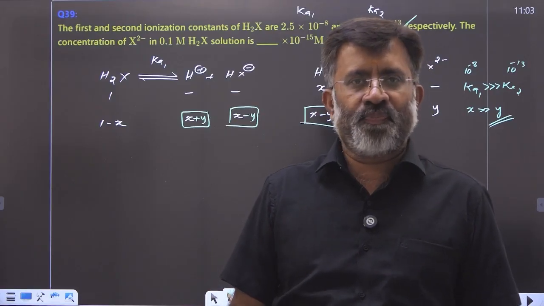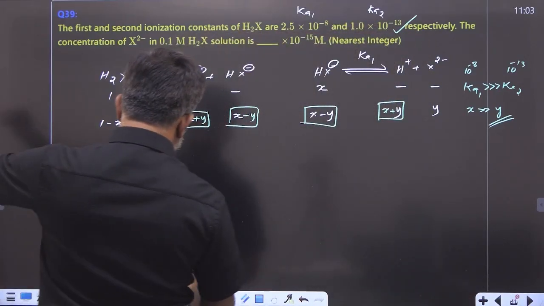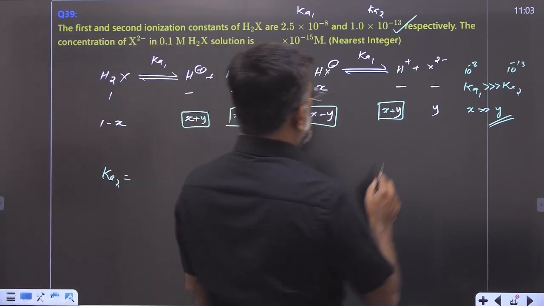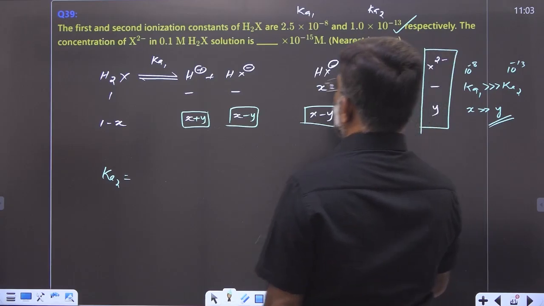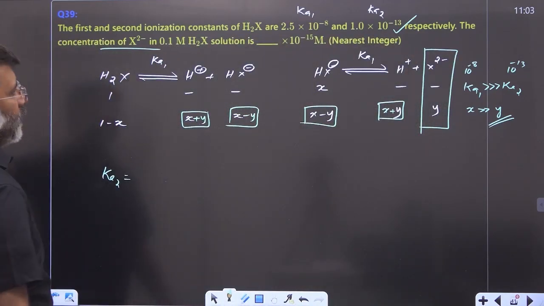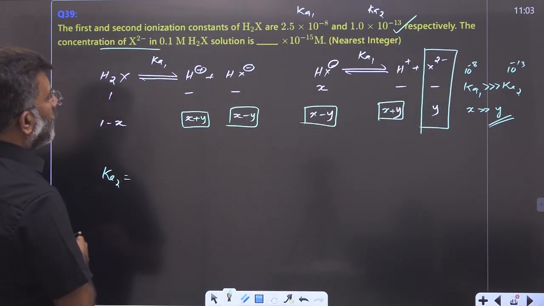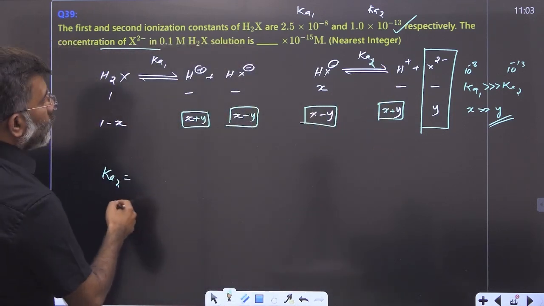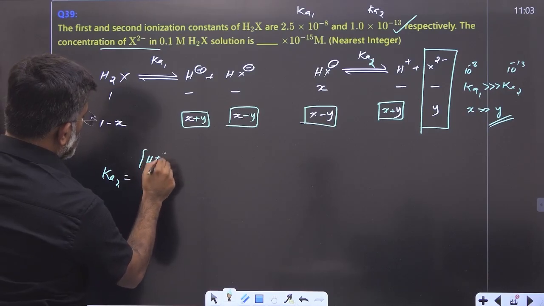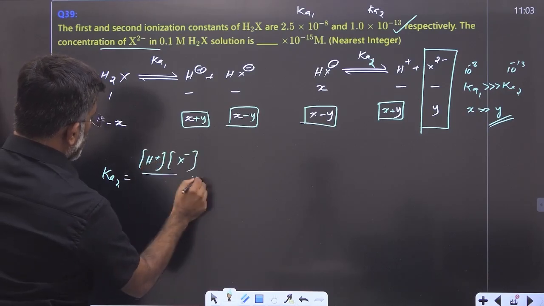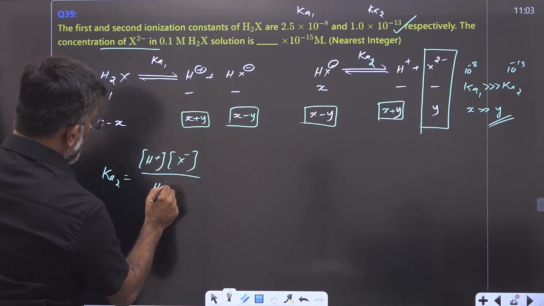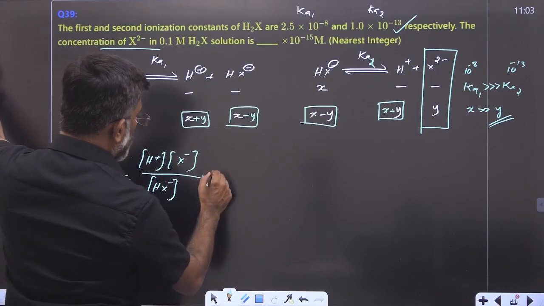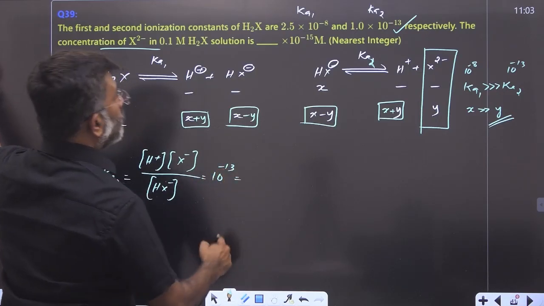We can proceed. So what we can do is, Ka2 equal to, we want to find the concentration of X2 minus. This is Ka1, this is Ka2. Ka2 is equal to H plus concentration into X2 minus concentration divided by HX minus concentration. That is equal to 10 power minus 30, given.